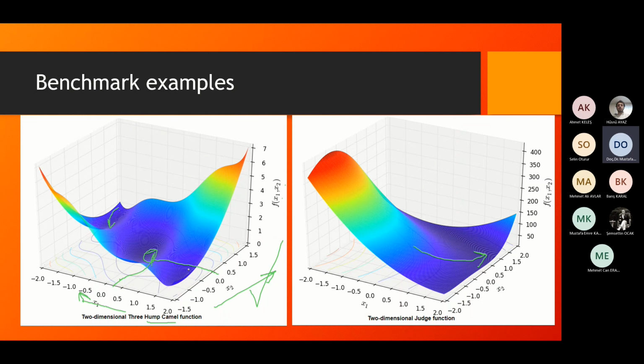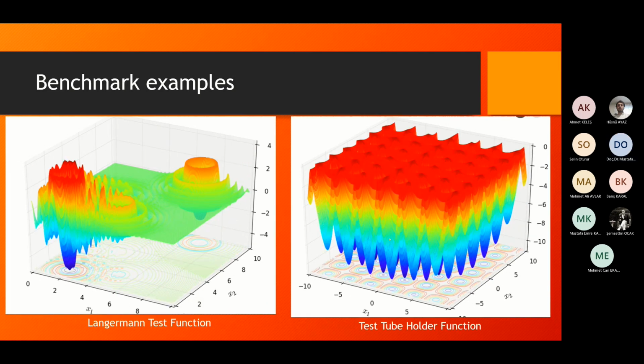But if at the beginning you produce a solution somewhere here, then it will be going downward and find the global. Maybe it will go down here, so that will cause a problem. So there are many challenging things for an algorithm to be proven that it is working generally.